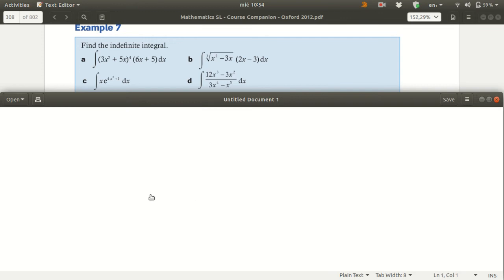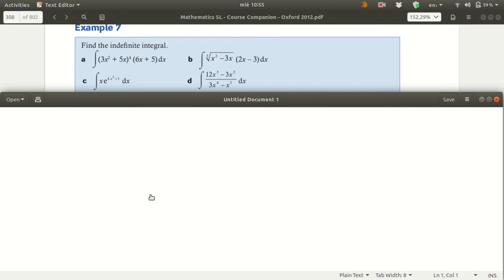Now we have the integral of x multiplied by e raised to the power of 4x squared plus 1. Now if we pay close attention to this expression, we really can't find any expression whose derivative is directly in the function that's being integrated. So we have to apply a little trick in this case.